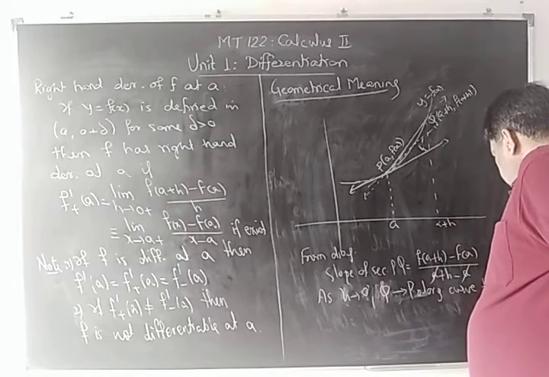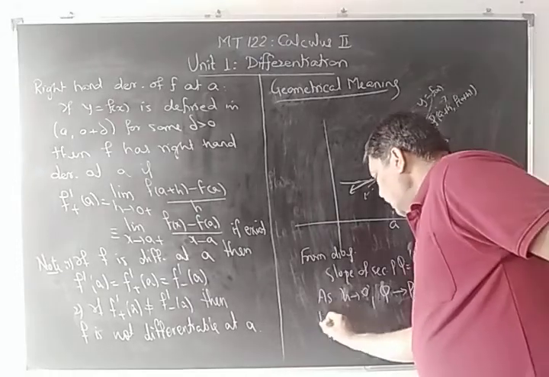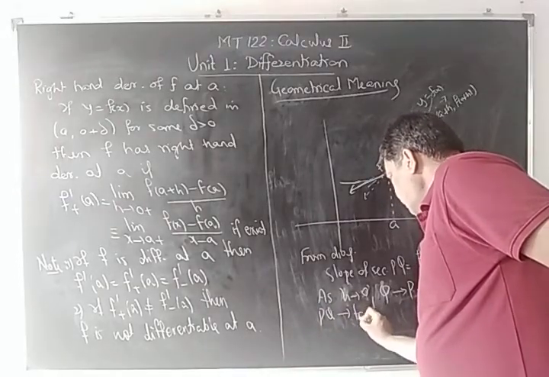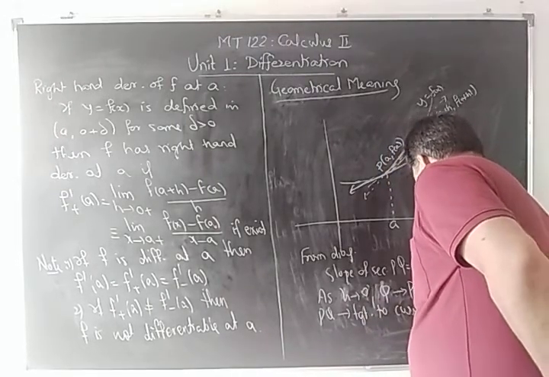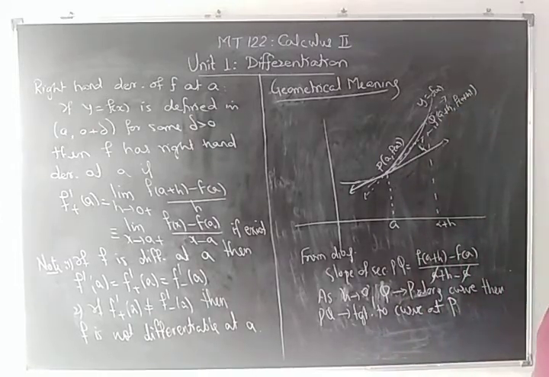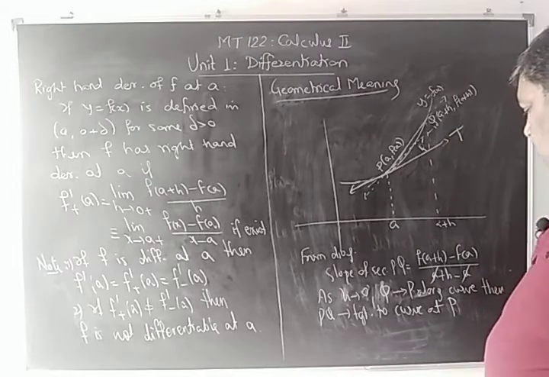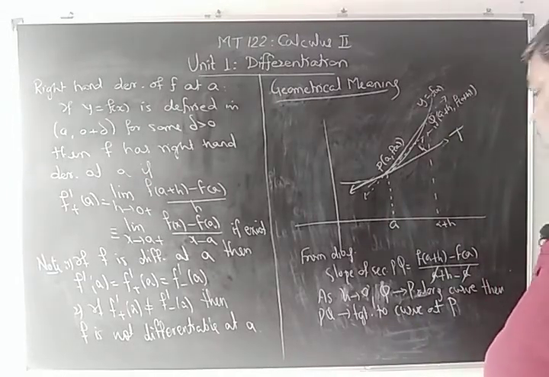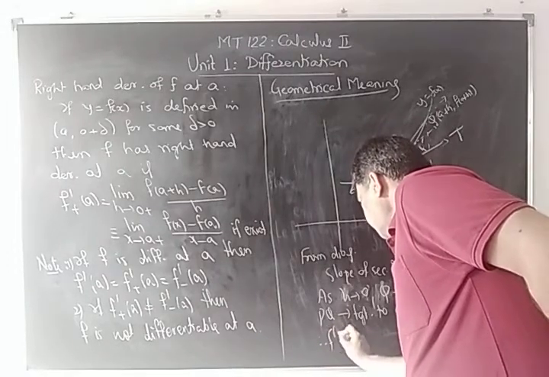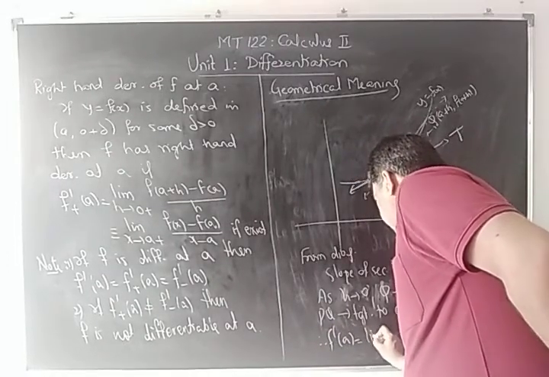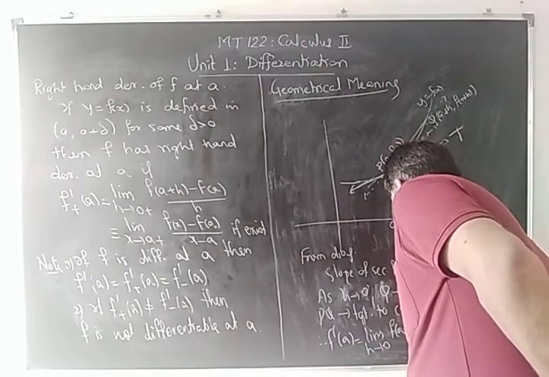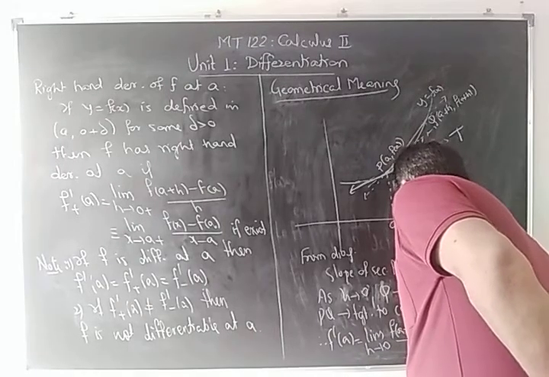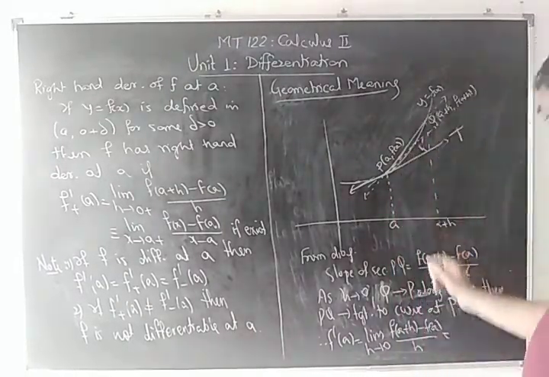Then PQ tends to the tangent to the curve at P. So therefore, f dash a is equal to limit h tends to 0 of f of a plus h minus f of a upon h. This is nothing but the slope of the tangent.